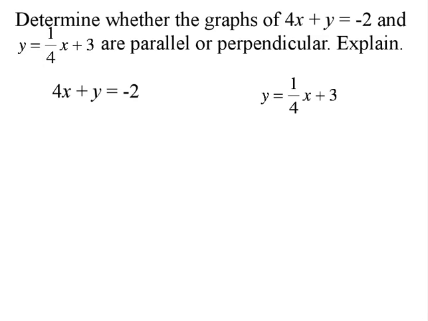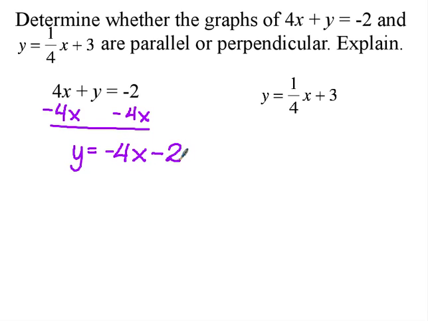So what do I need to do? Find the slope. So how do I find the slope of the first one here? Subtract 4x. Nice job. So what do I get y to equal? Minus 2. Very good. So now I need to figure out what is the slope of this equation. Negative 4. Nice job.